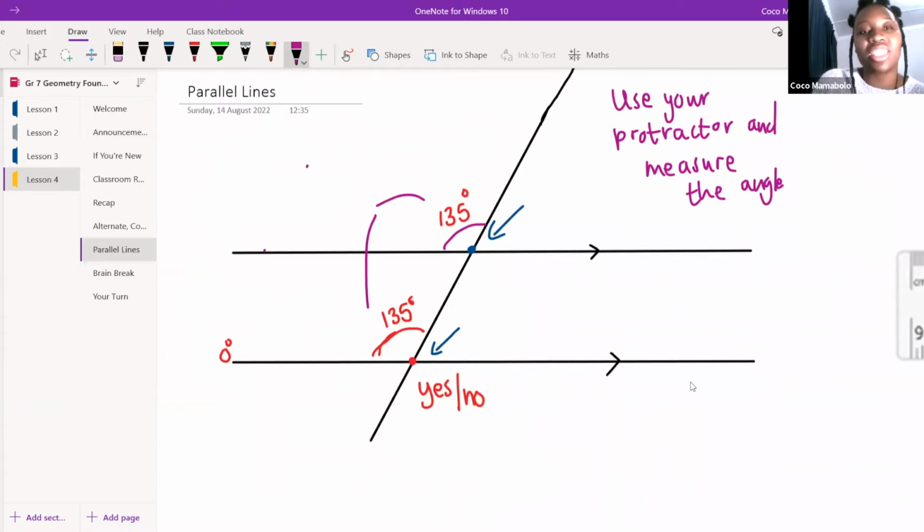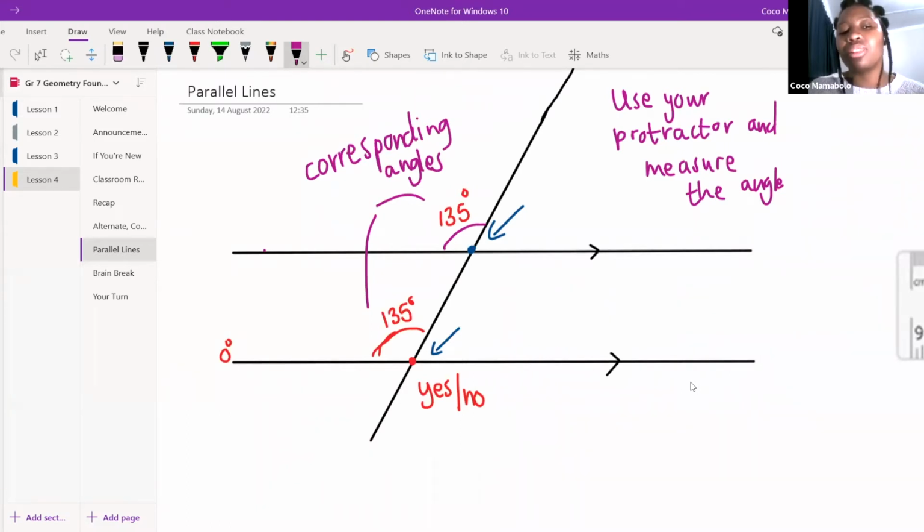Iminati, I'm glad you're asking. What does this mean? It means that these two angles are corresponding angles. Okay. I need you guys to commit this to memory. Lelenke, if you're getting two different answers, you should probably measure them again. They should be the same, especially if you've drawn a straight line using a ruler. I hope you're using a ruler.